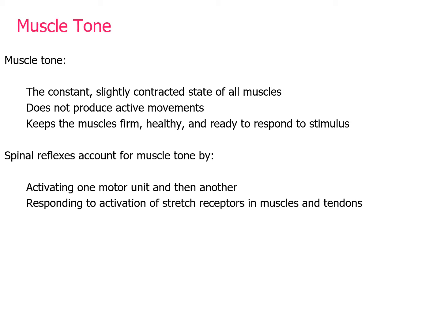All due to feedback from sensory neurons that act as stretch receptors. So you have stretch receptor sensory neurons in your muscles and in your tendons that send feedback into the spine and trigger reflexes back out to relax or contract different muscles.